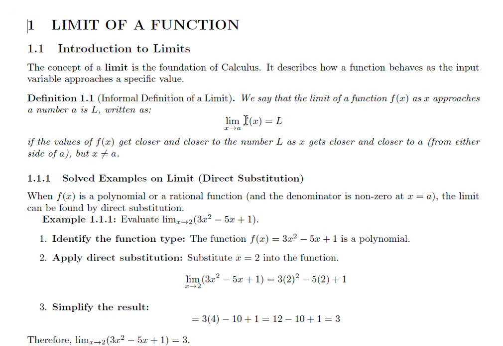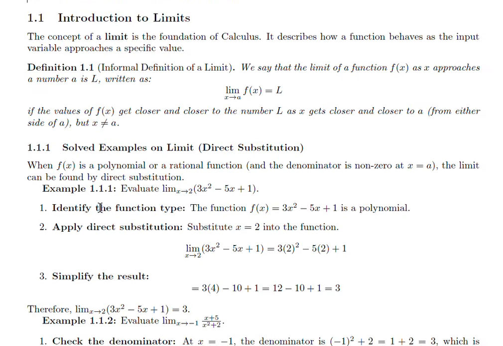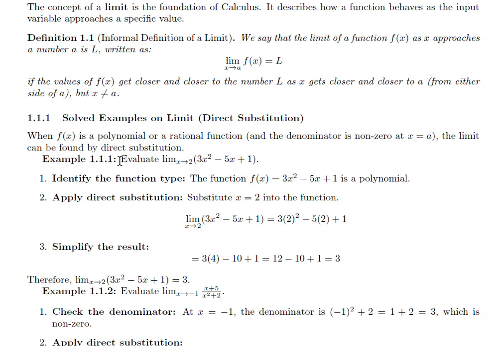If we have a function f of x, that is a function in which the variable present is x, then we can limit that function to a particular number a, for instance, and that implies that if we substitute values that are approaching a, that are getting closer and closer to a, into the function, then the entire function will also approach a particular value L. Now let's see some examples that make this clearer.